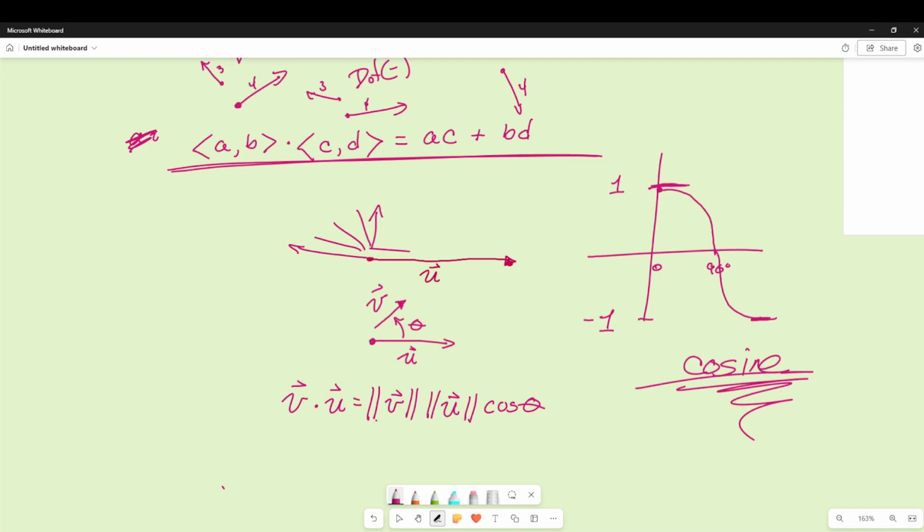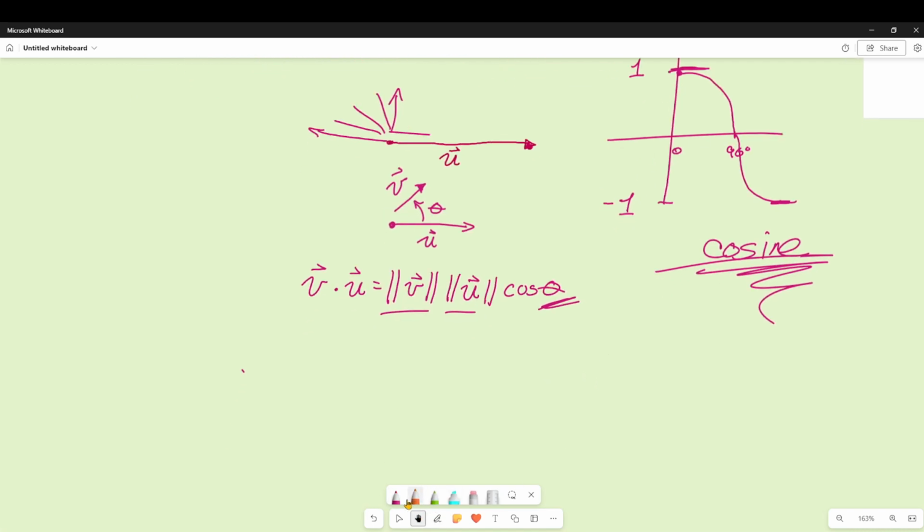But if we know the magnitudes of our two vectors, and we know the directions that they're headed, so we can figure out what the angle between them is, then finding the dot product by the cosine times the product of the magnitudes is a very nice tool.